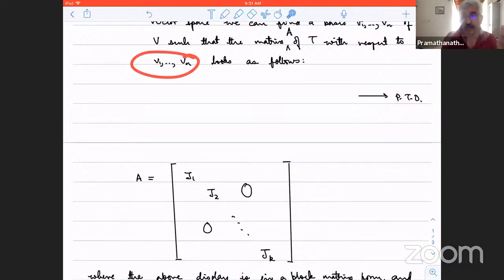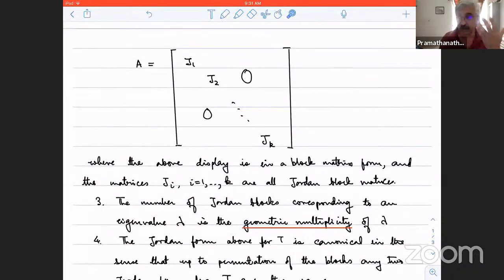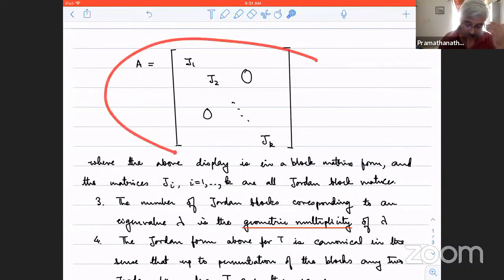In fact, take any basis that you wish. If in one basis your matrix looks like lambda times identity, in every other basis it looks like lambda times identity. So there's nothing God-given about this. There could be more than one set of bases which break up the matrix of your linear transformation into a Jordan form.